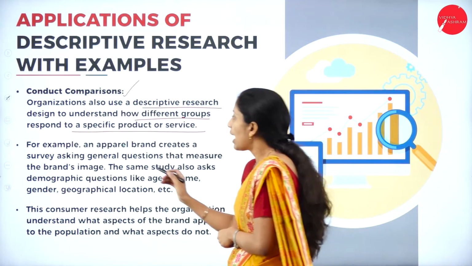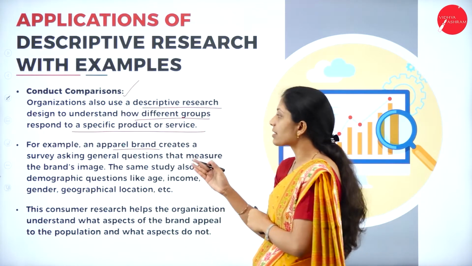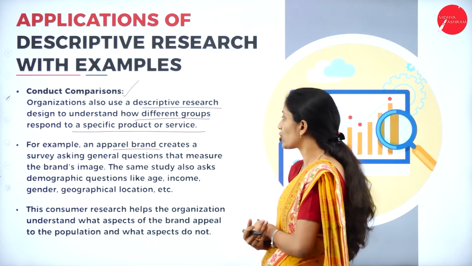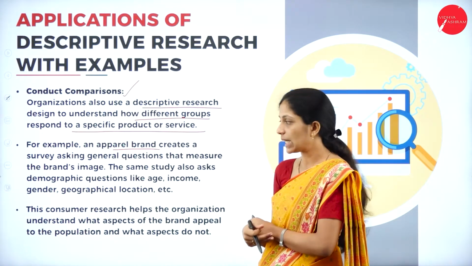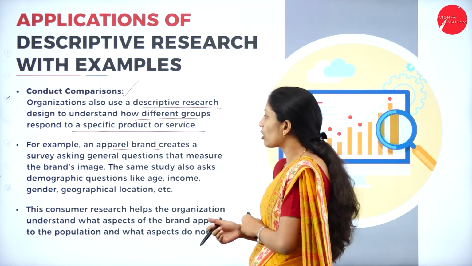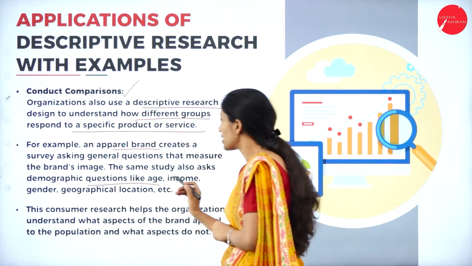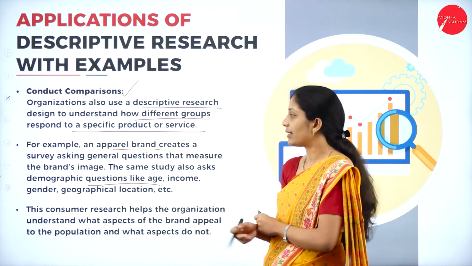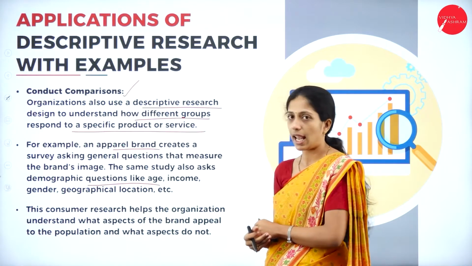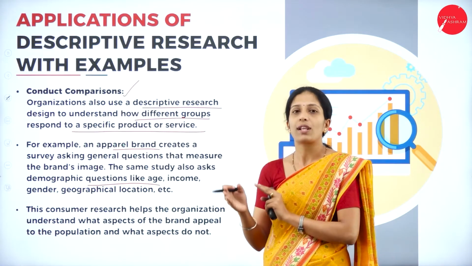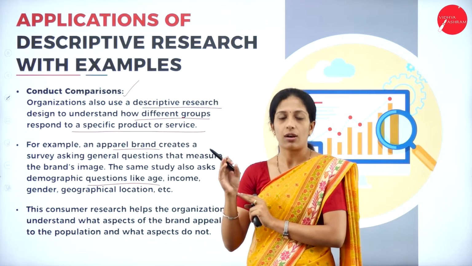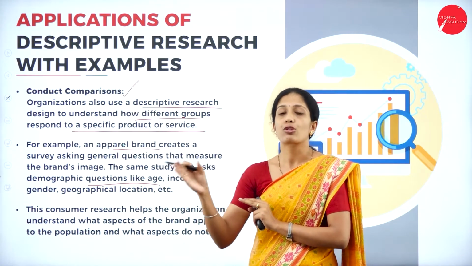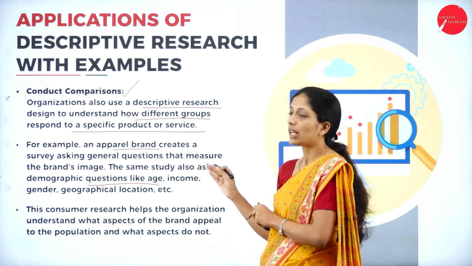For example, an apparel brand creates a survey asking general questions that measure the brand image. The same study also asks demographic questions like age, income, gender, geographical location, etc. So, along with knowing the taste and preference on a particular brand, they will also come to know about their age, income, gender.